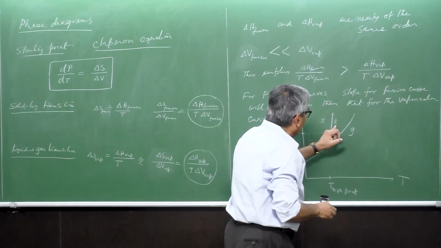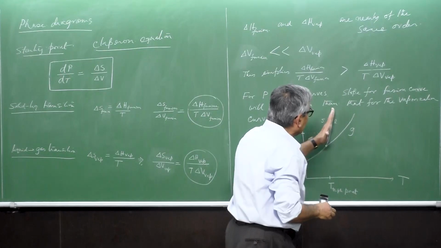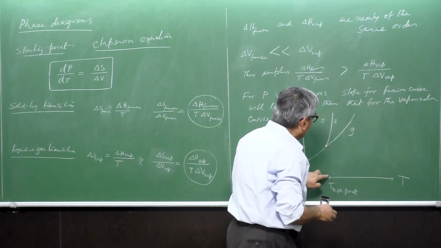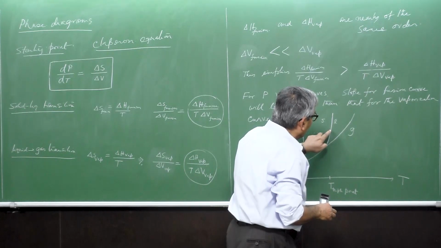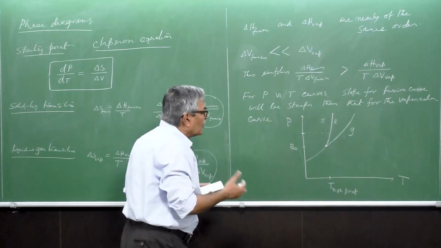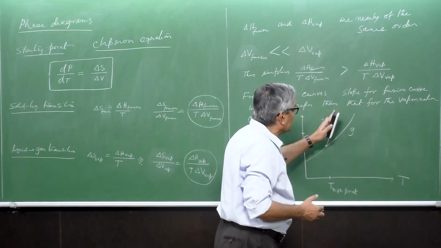So, the line which demarcates between the solid and liquid is basically a coexistence curve. It means that if you vary the temperature, the coexistence point will move along this curve. So, it is basically a locus of all PT points along these lines.